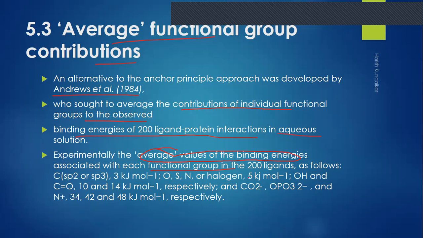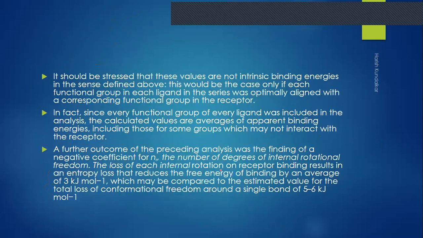And they said that if we have a carbon which is sp2 or sp3 hybridized, then it will cause an energy difference of 3 kilojoules per mole in binding. If we have an OH group or C double bond O group, then it will cause a binding energy difference of 10 to 14 kilojoules per mole, and so on and so forth. So that is the average functional group contribution principle.